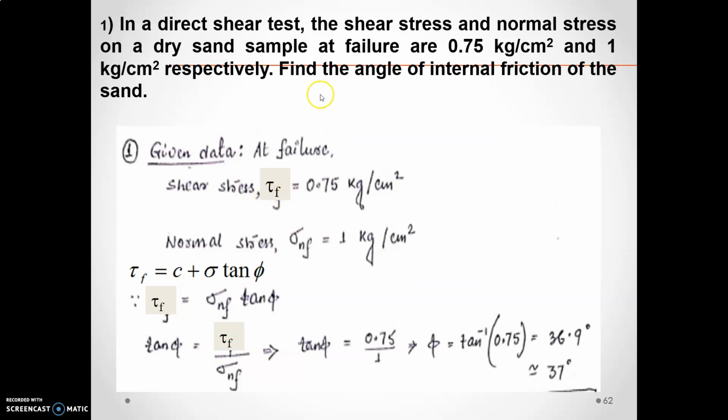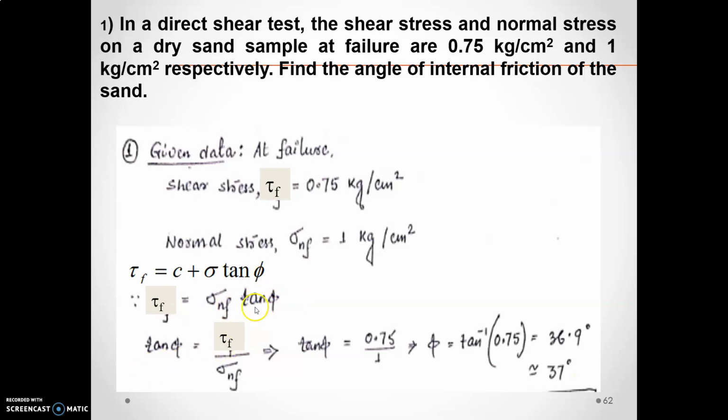So what is given? Shear stress is given, that is 0.75 kg per centimeter square, and normal stress sigma n is given, that is 1 kg per centimeter square. So direct substitution. We have this formula tau F is equal to C plus sigma into tan phi. So C is equal to 0, substitute: tau F is equal to sigma NF into tan phi.